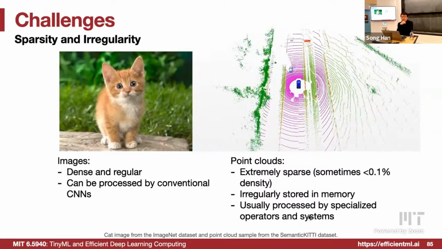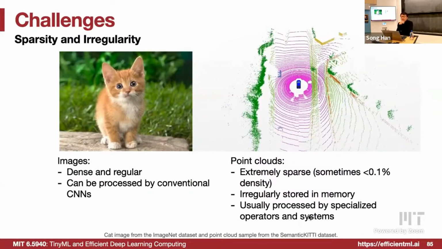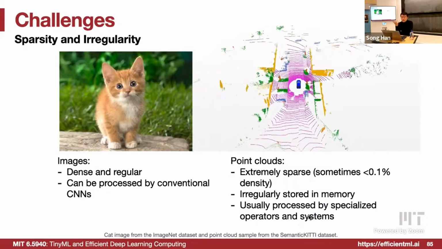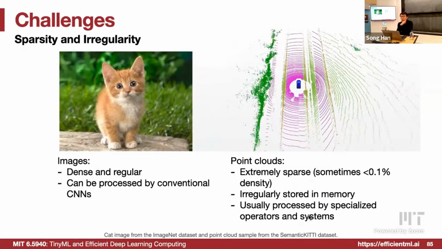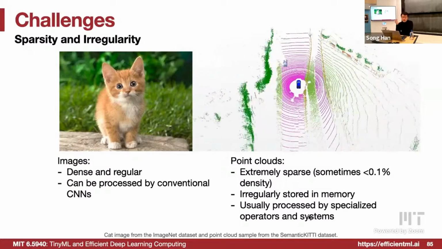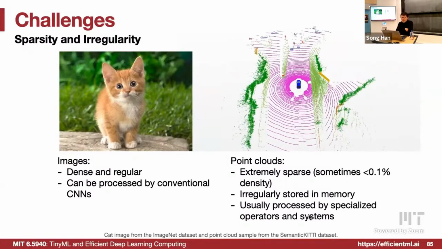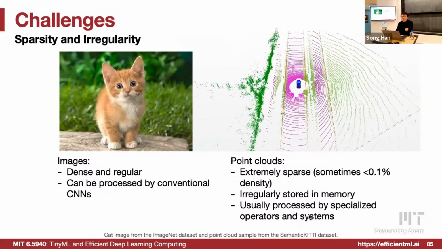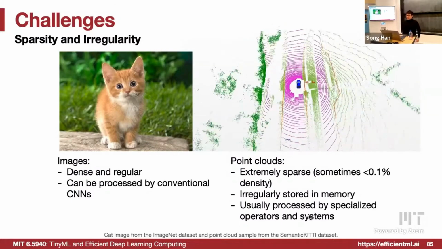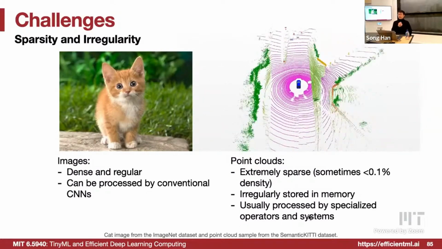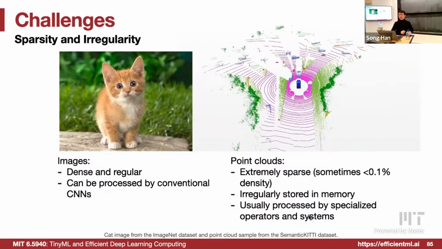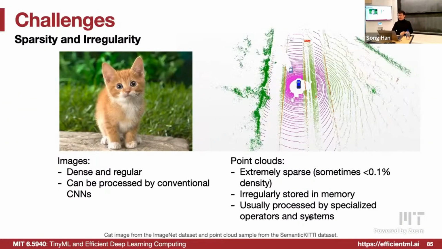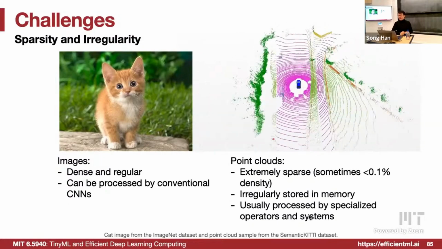So the challenge is that point cloud is highly sparse and irregular. Images are pretty dense. You have a 1K by 1K image, so every pixel is occupied, very dense and regular. That can be processed by conventional convolutional neural networks. But point cloud is extremely sparse. Sometimes it's less than 0.1% density.